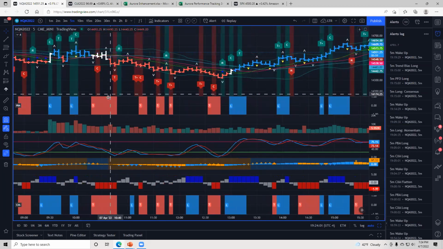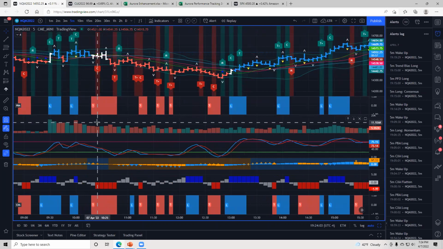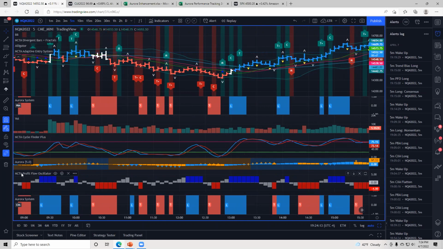Okay. So back here, this is at 10:25 this morning. At 10:25 this morning, we have alignment between the PFO. So this is the profit flow oscillator, the NCTA profit flow oscillator. This is an indicator that we created here at New Cycle Trading. So I'm just going to unclutter that.